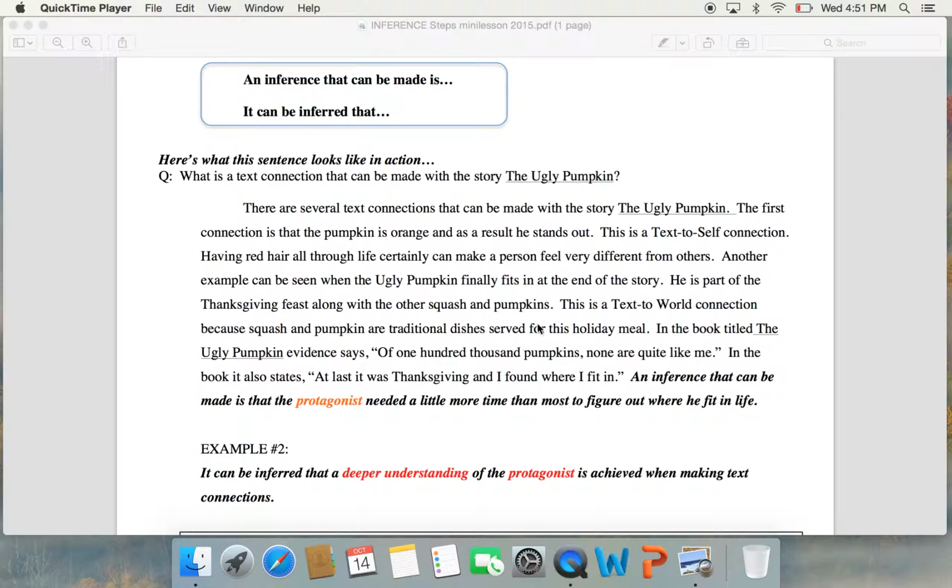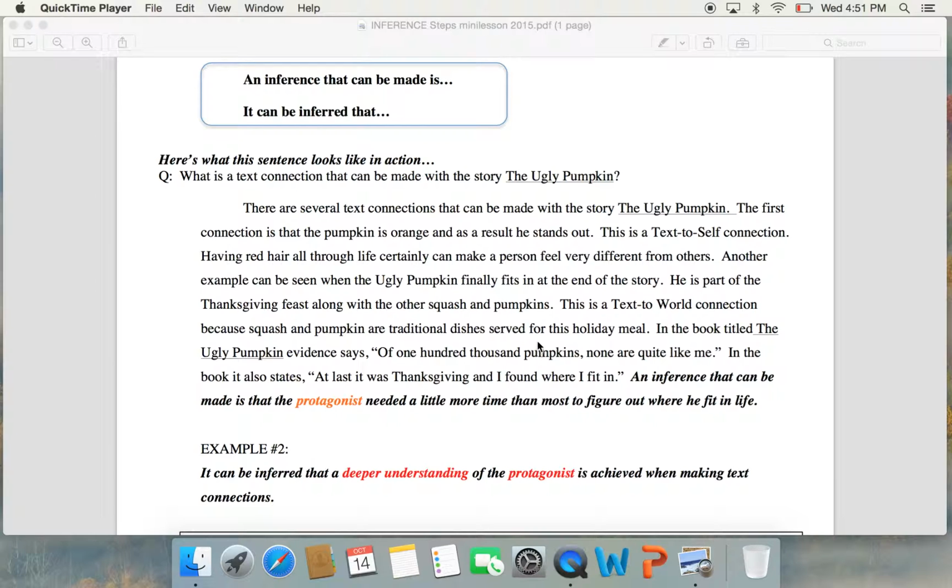So this poor little pumpkin just needed some time to finally figure out where he fit in at the Thanksgiving feast. I took what was written about the pumpkin, him not really fitting in, how I made that connection with him. He stood out from others. But then by the end of the story, he did fit in. It just took him a little bit longer.